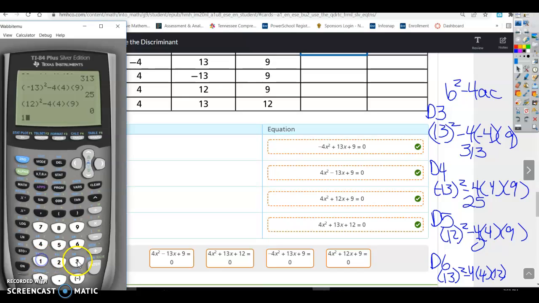It's positive, so I don't need parentheses unless you just want them. 13 squared minus 4 times A times C. And that one gives us negative 23. So we can see that we got a positive, a 0, and a negative there for our discriminants.